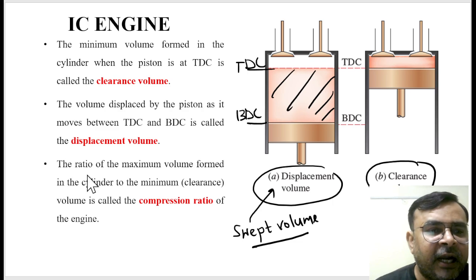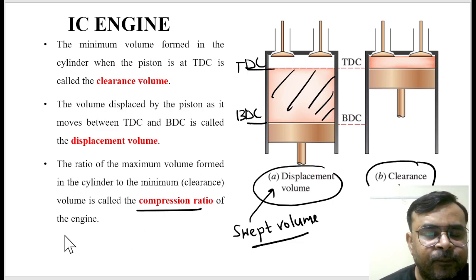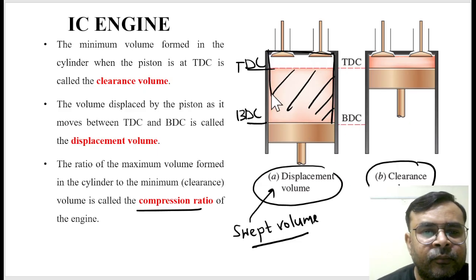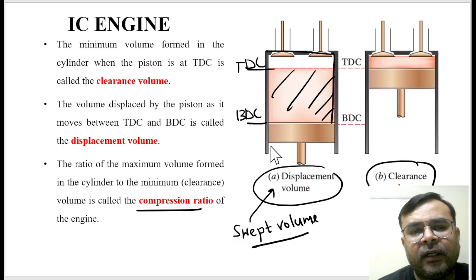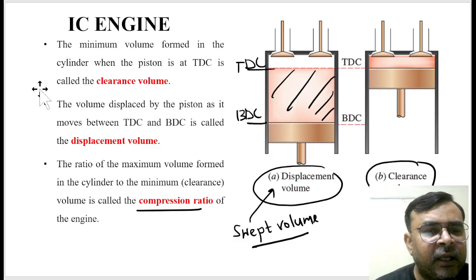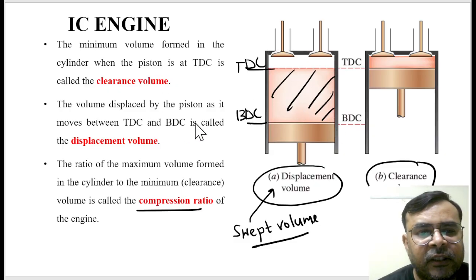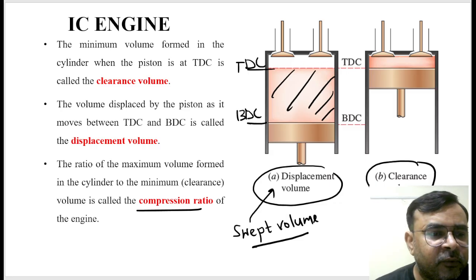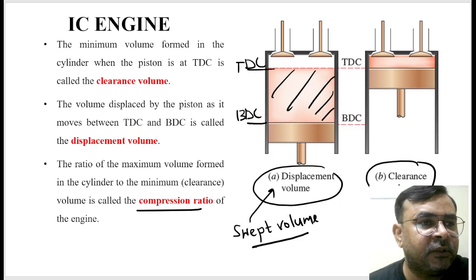Okay. And another term we have is compression ratio. Then what is compression ratio? You can see throughout the piston, here we have one volume. This is called V1 volume, and this clearance volume is called V2 volume. So let me show you here.